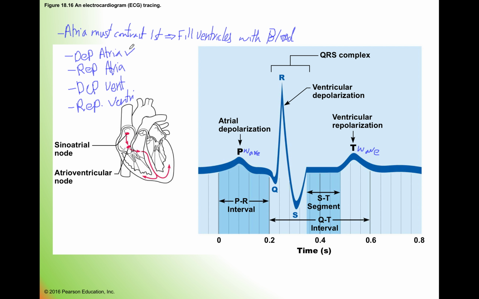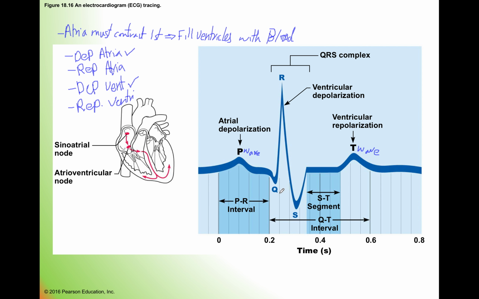Depolarization of the atria is represented by your P wave, which is the first structure you will see in your ECG. The next structure visible is depolarization of the ventricles, represented by this very pronounced structure called the QRS complex.